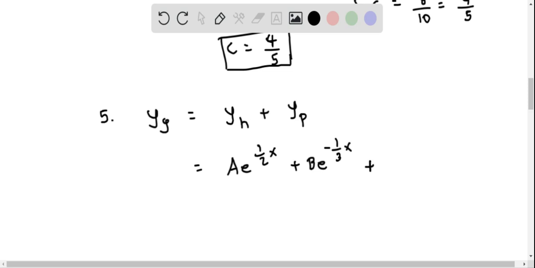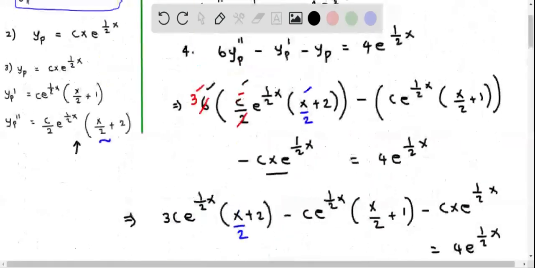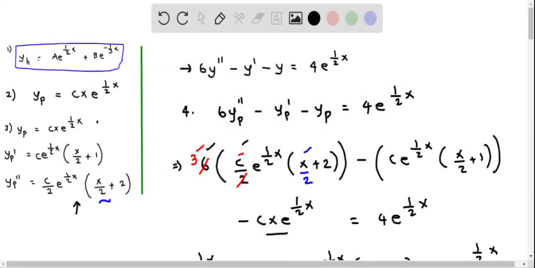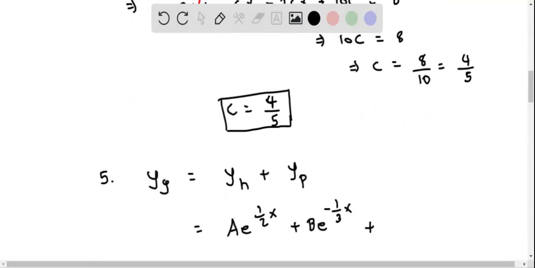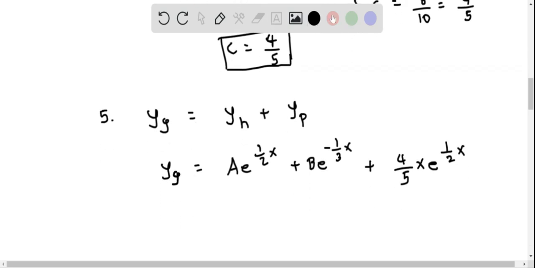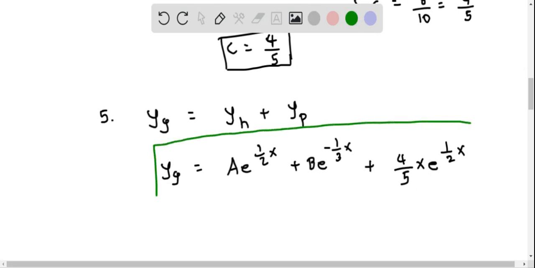And then we write the particular solution by replacing c equals 4 fifth. So we take this particular solution either from 2 or 3, which is cx e power half x. We replace c by 4 by 5. So it's 4 by 5 x e power half x. And this is the general solution to the given, I'm sorry, non-homogeneous differential equation. This is the general solution.